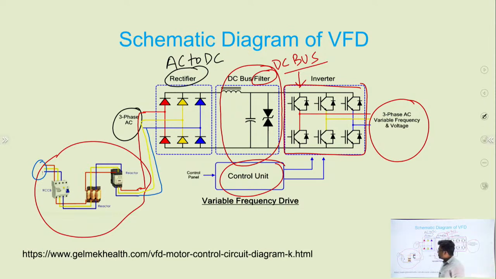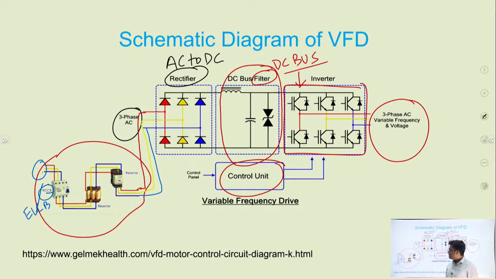There are two types of circuit breaker here, that is RCCB and ELCB. Everyone knows what ELCB is? ELCB is known as earth leakage circuit breaker, and this other one is the RCCB.